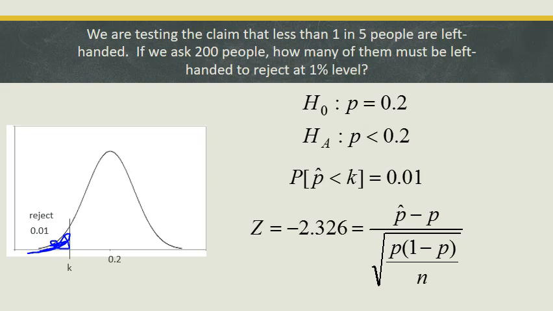Set this equal to the formula for z and plug in the information from the question. Note that the null hypothesis assumes that p is equal to 0.2, and we plug that in for all the p's in the formula.